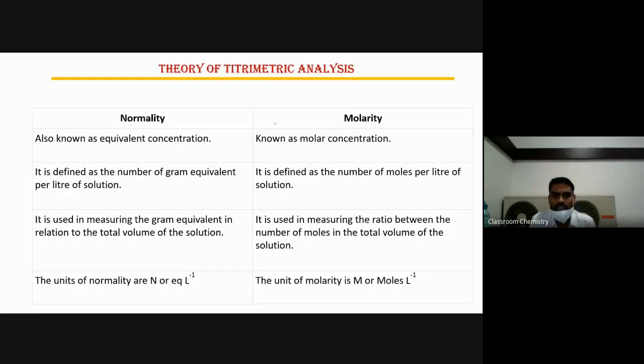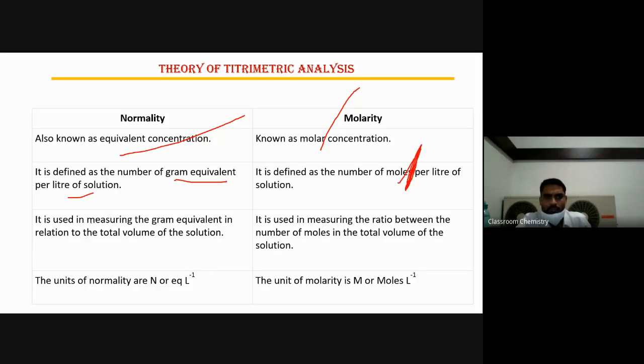Up to this stage, we defined different terms like normality, molarity, mole. Now we differentiate these two forms. Normality is also called equivalent concentration. Molarity is known as molar concentration. It is defined as the number of gram equivalents per liter of solution. Here we take moles; for moles, we take molecular weight.